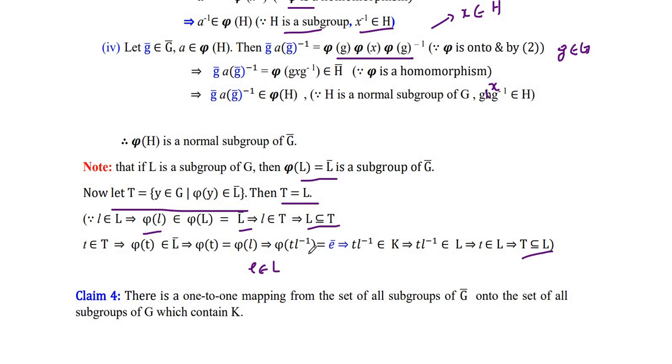So phi of t l inverse is E bar. So phi of something is E bar means this something should be in the kernel.